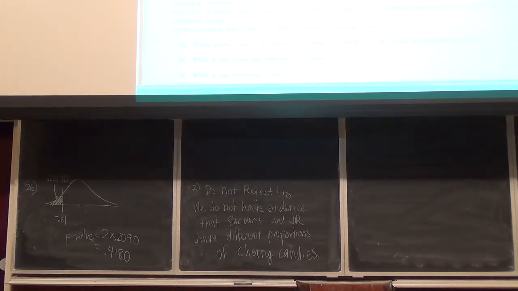Questions 28 to 33 say: researchers want to know if drinking caffeinated drinks improves reaction time. They randomly select volunteers in a blinded experiment, give some of them caffeinated drinks and others non-caffeinated drinks. Then they record reaction time. 30 people had a drink containing 300 milligrams of caffeine.